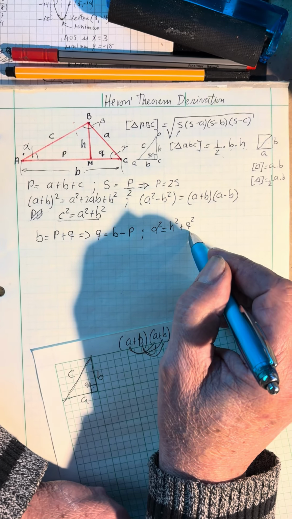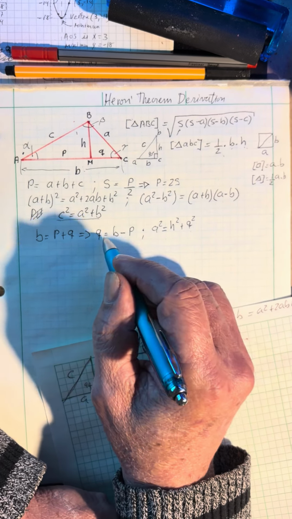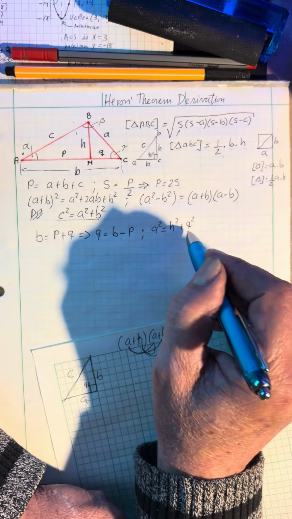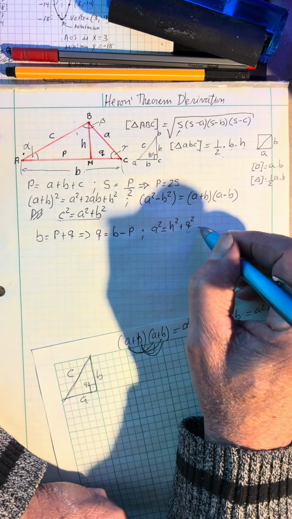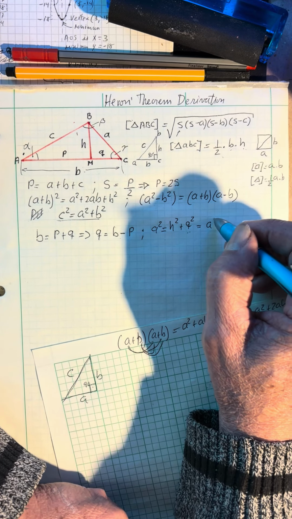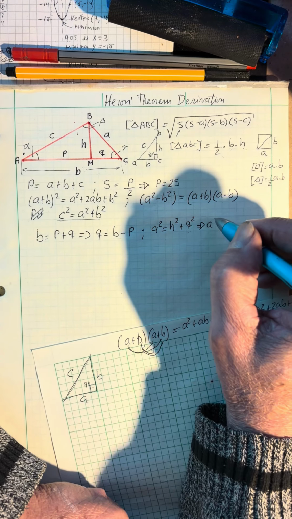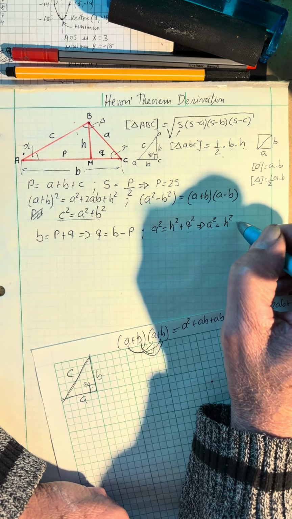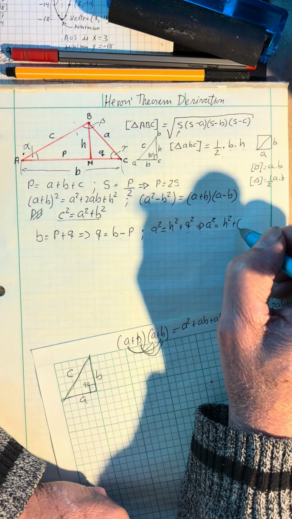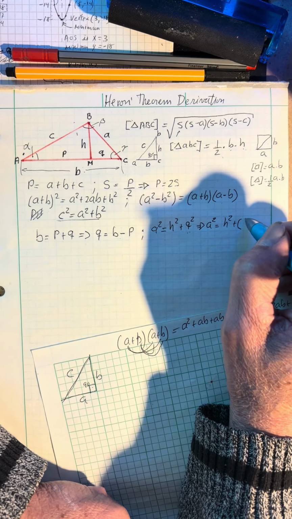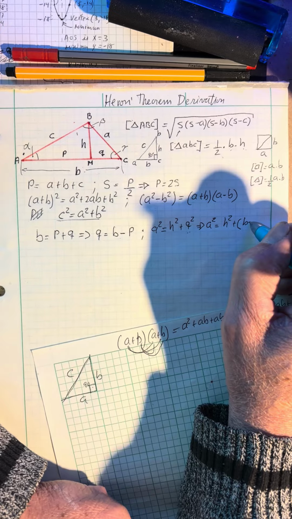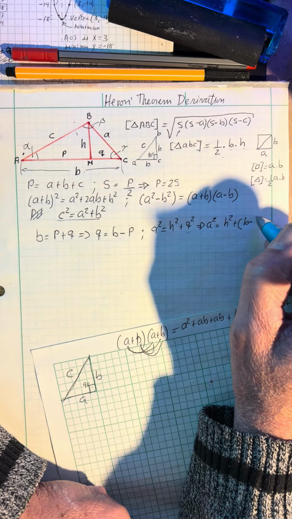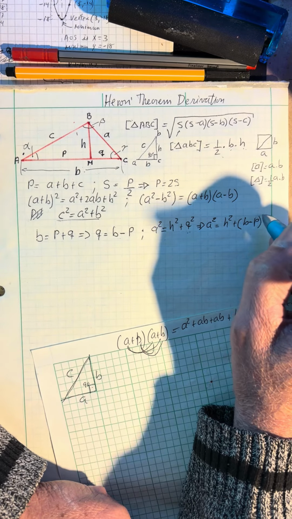But we can substitute this Q in here, and we get A squared is equal to H squared plus parentheses B minus P squared.